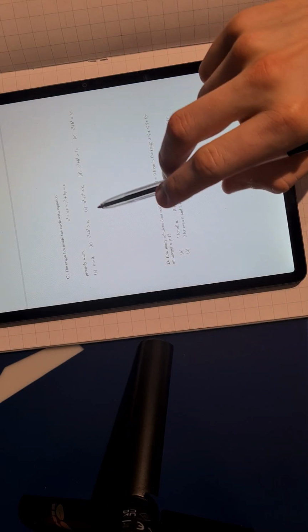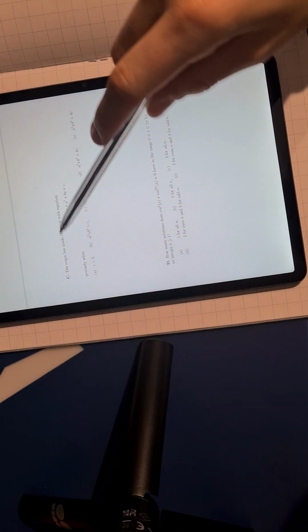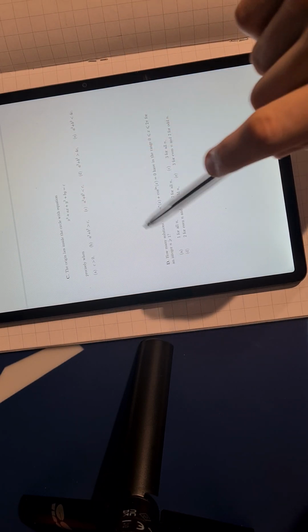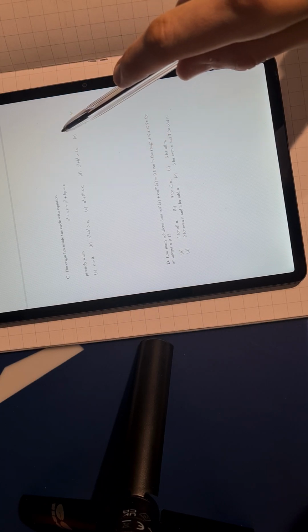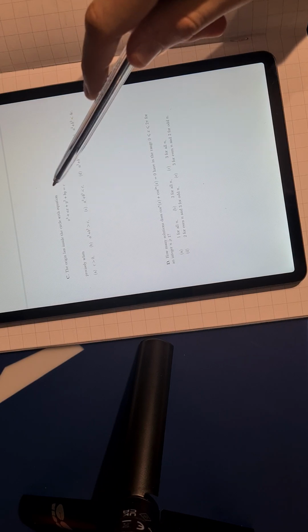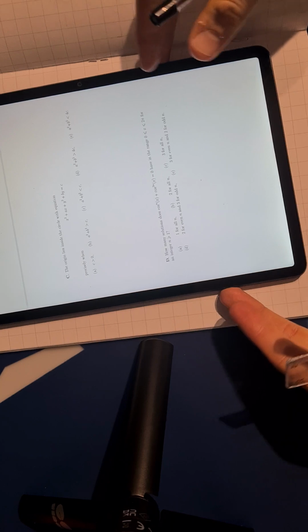The origin lies inside the circle with equation x squared plus ax plus y squared plus by equals c, precisely when c, okay, so what this wants to know is when is the distance from the centre of this circle to the origin less than the radius of the circle, because then it will obviously lie inside the circle. If it is less than the radius, it lies inside the circle.